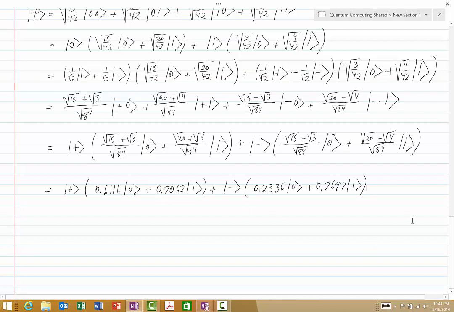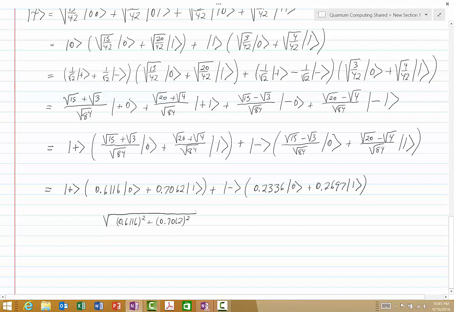So what we need to do is, for this first term, we'll need to multiply and divide by the square root of 0.6116 squared plus 0.7062 squared.